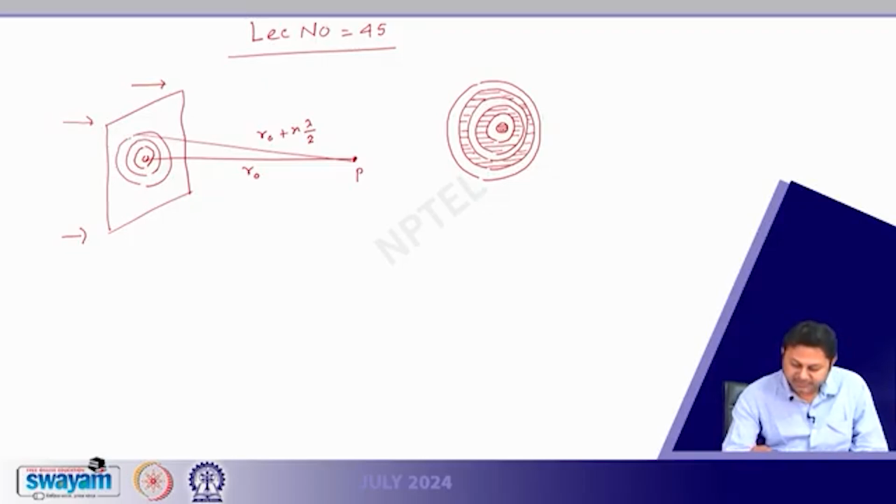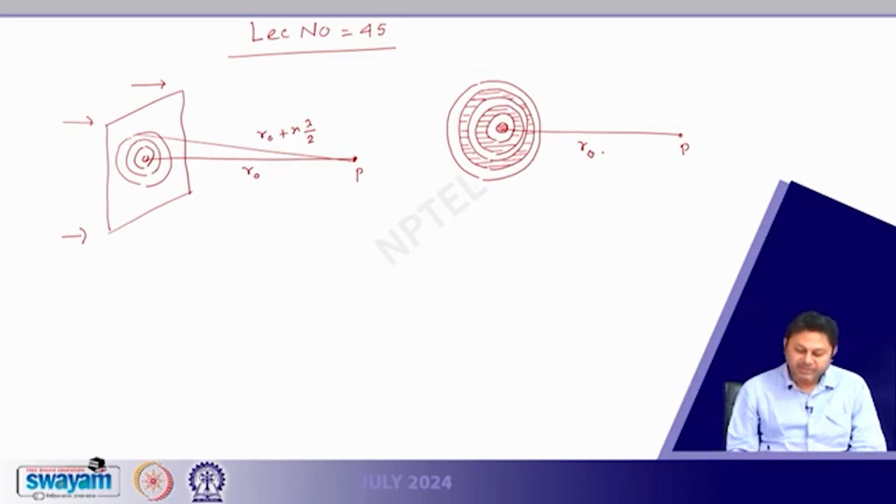This is the distance to P, and this is R naught. It is easy to show that the area of each zone is almost the same.